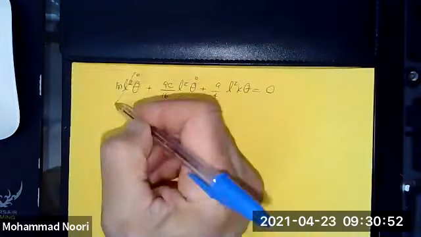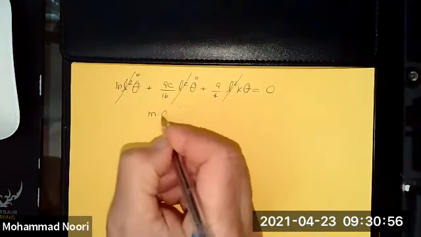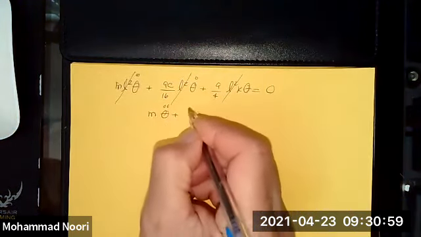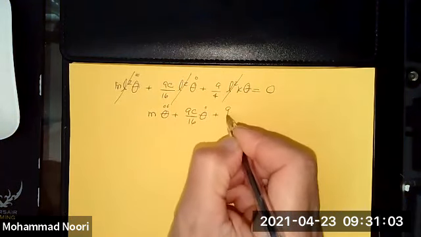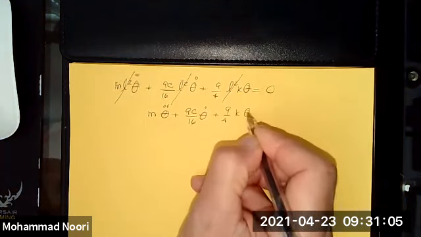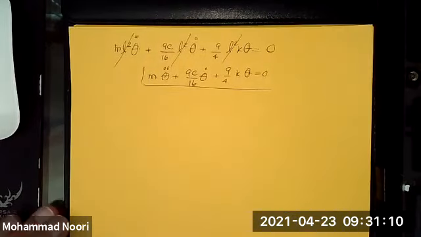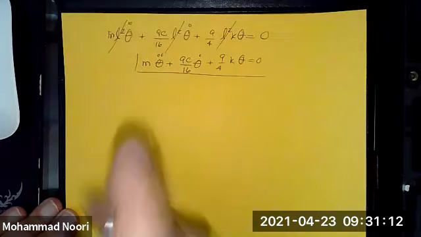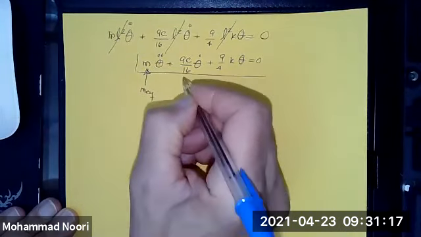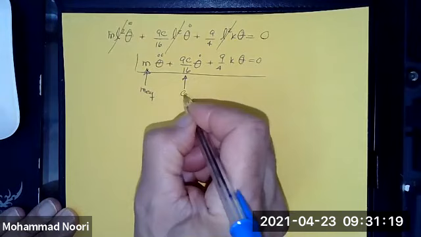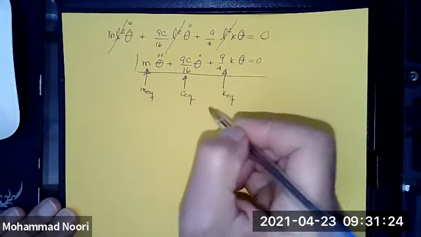You can see that I have L squared, these canceled out. So this simplifies to m theta double dot plus 9c over 16 theta dot plus 9/4 k theta is equal to 0. So this is the equation of motion in terms of theta. In this equation, this is the m equivalent, this is the c equivalent, this is the k equivalent.